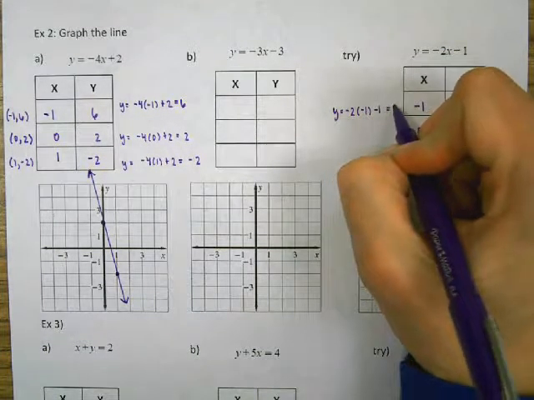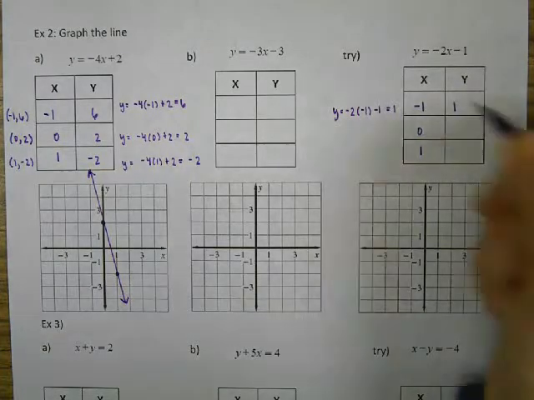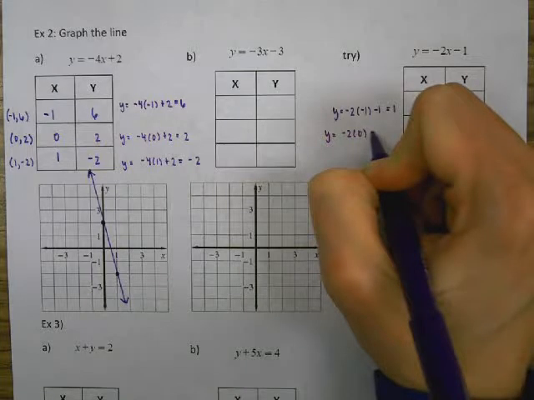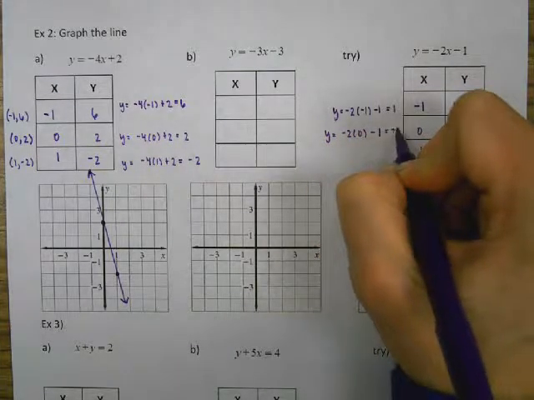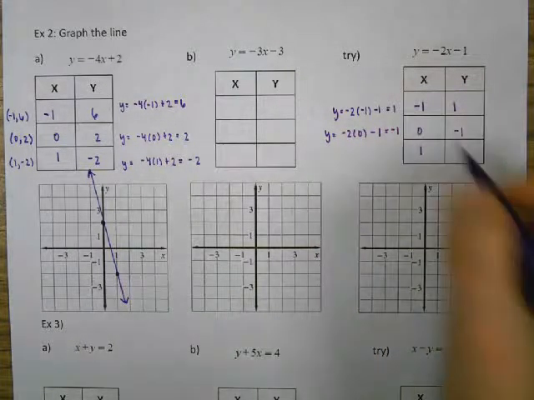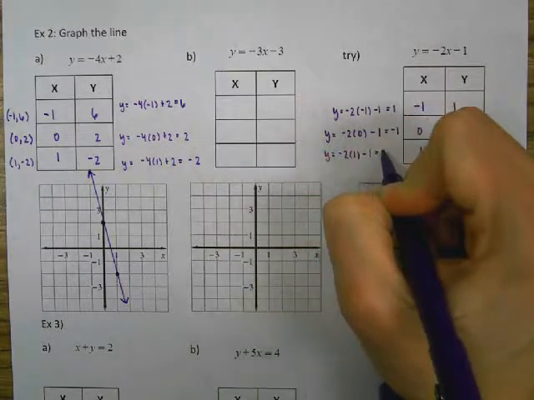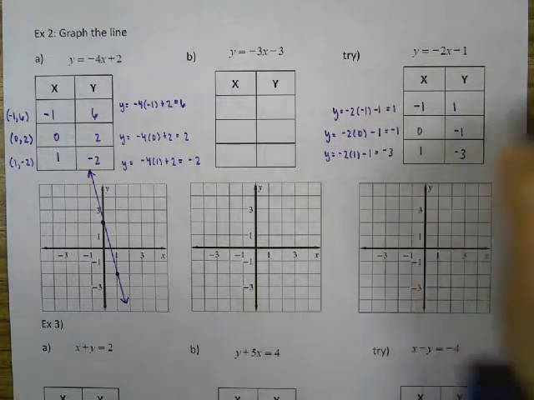If I plug that into my calculator, I'm going to get +1. For my next point, I have -2 times 0 minus 1. So that's going to give me a -1. And then if I plug in a +1, I should get a -3.